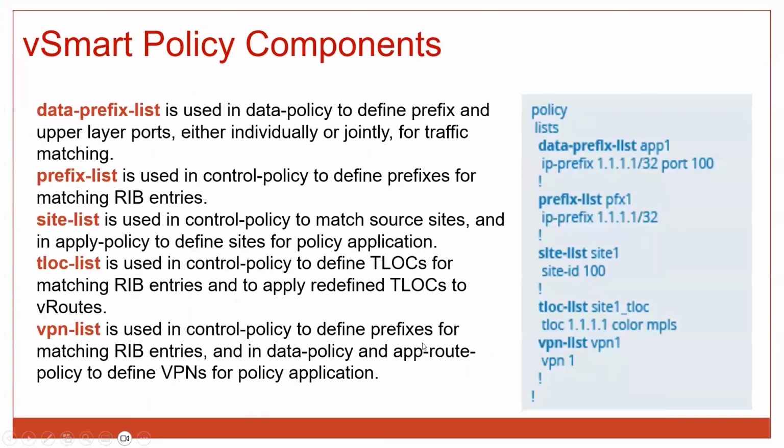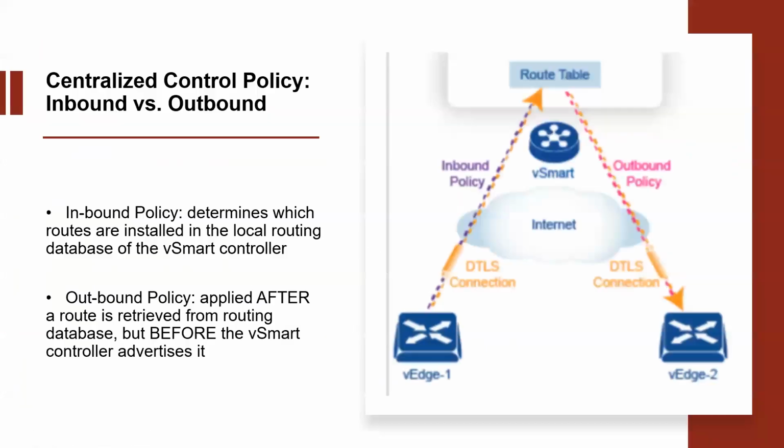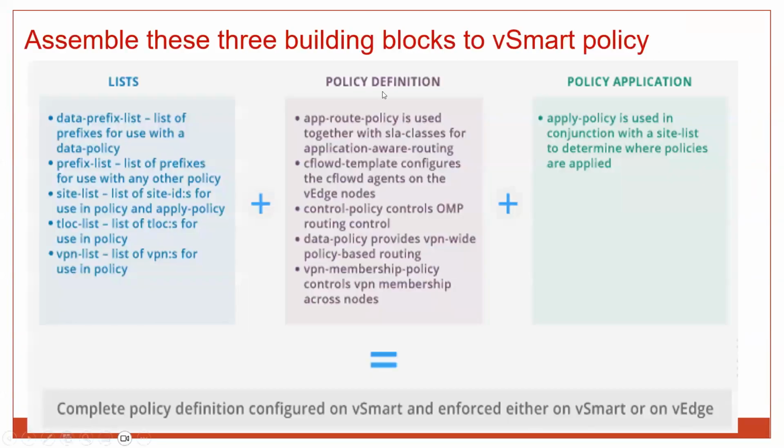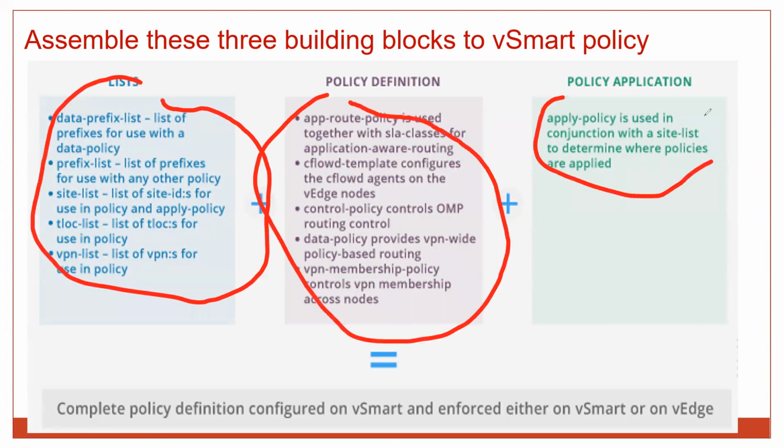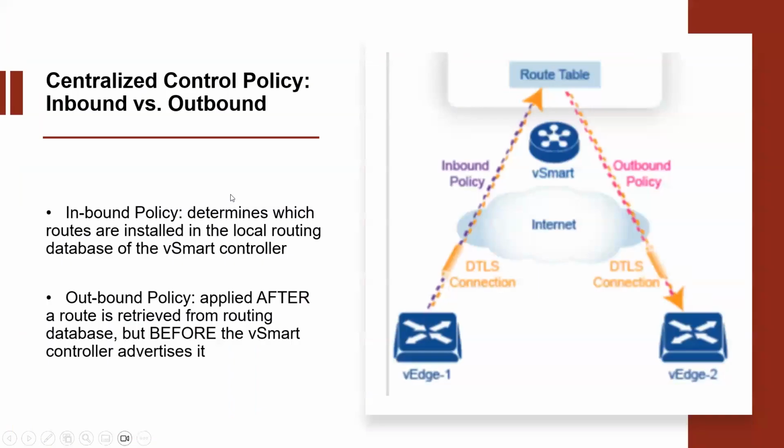All right, great. So now it will be a little bit more visible what we are talking about: when we are creating the policy, we should define the list, create the policy, and then apply it to the site. So these three stages we are using. And then we obviously have the direction in, out, out, in.